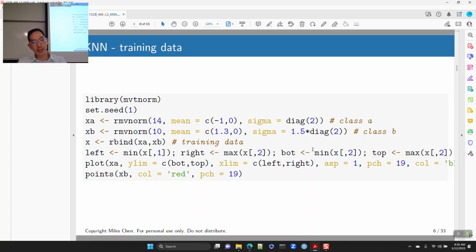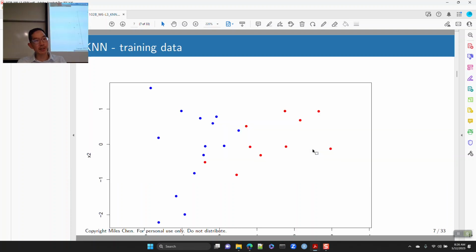All right, so anyway, our training data looks like this. We have some red dots and some blue dots. One thing is our eyes are really good at determining distances in 2 dimensions.